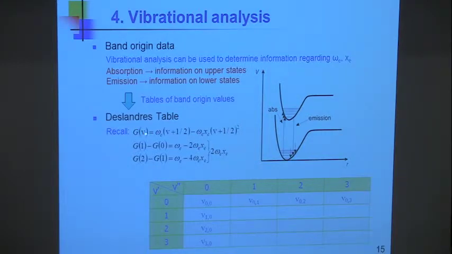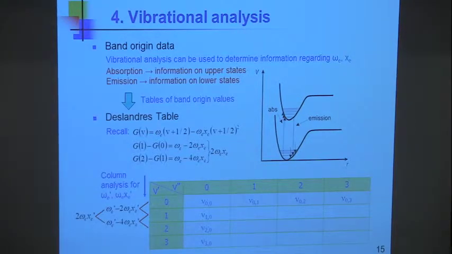Remember, the G of V is this anharmonic form, and the delta G's are omega E minus 2 omega E X E for 1, 0. Okay, that's here to here, right here, 1, 0. So you pick off the delta V's, and you populate this table, and you use this expression, and you can find everything. You will again use this principle of constant differences.